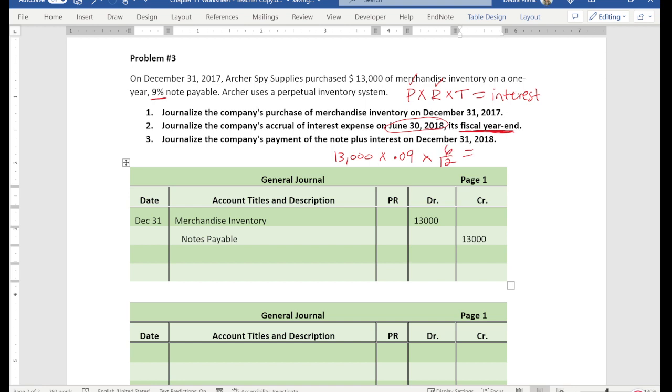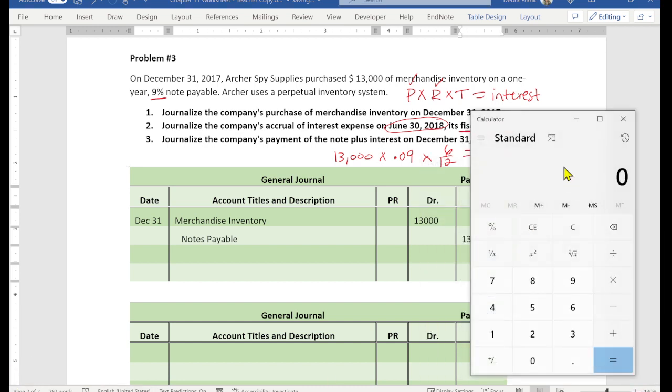All right, so let's go ahead and do that in the calculator. If you didn't know, 6 divided by 12, you got the 1/2, the 0.5, right? So we can keep that there, the 0.5, times the 0.09, and then times 13,000. And, oh, I did something wrong. Hold on here. It was too small of a number.